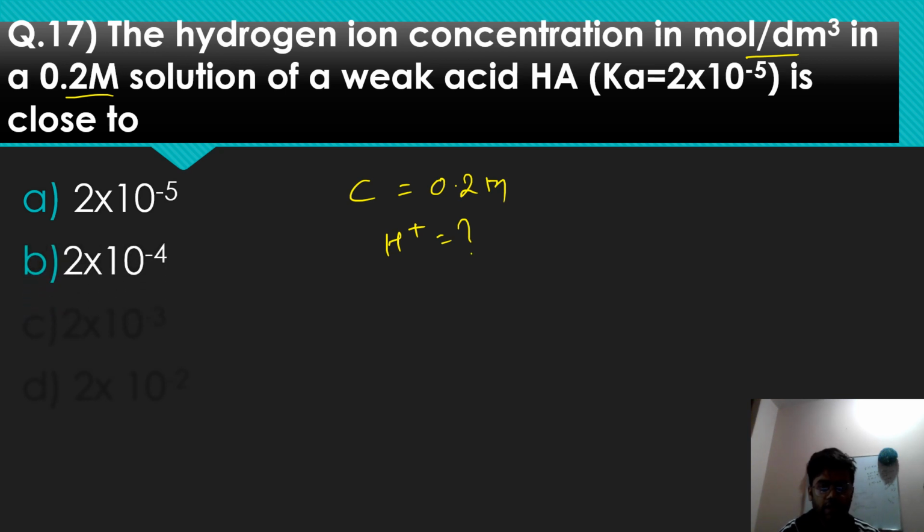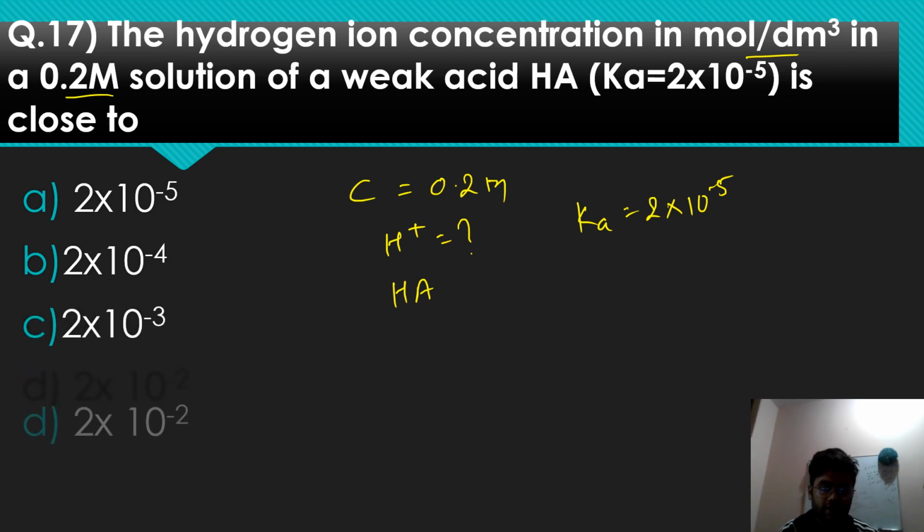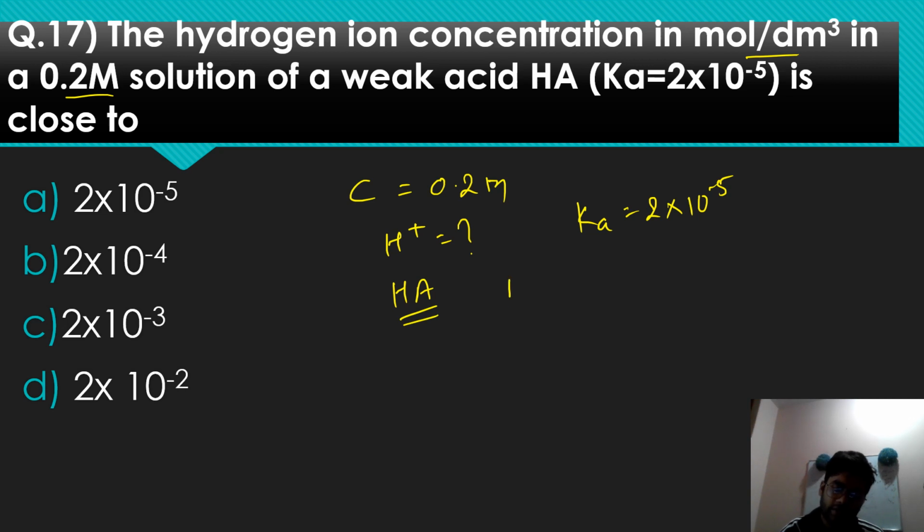It is a weak acid, HA, and we are given Ka, that is 2 into 10 to the power minus 5. So we have to calculate the H plus. You know that HA dissociates into H plus and A minus.